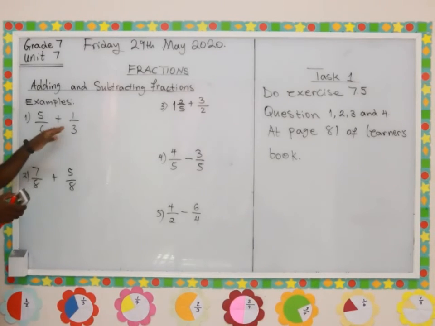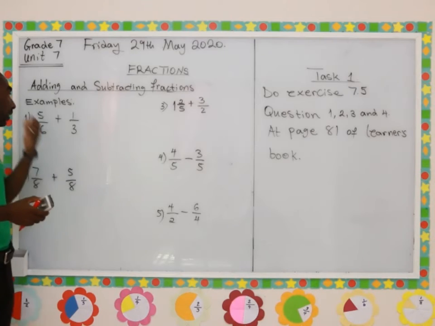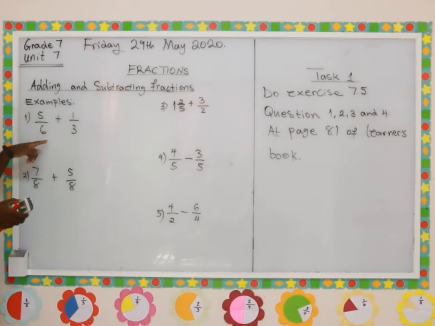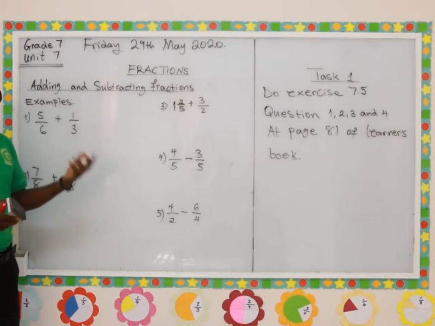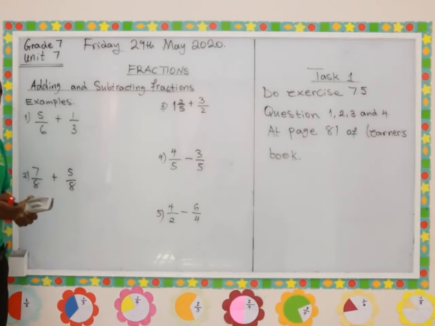Whenever you are dealing with addition or subtraction of fractions, the most important thing is you check your denominators, that is the numbers at the bottom of your fraction, okay? If the denominators are different, the rules don't allow you to add.